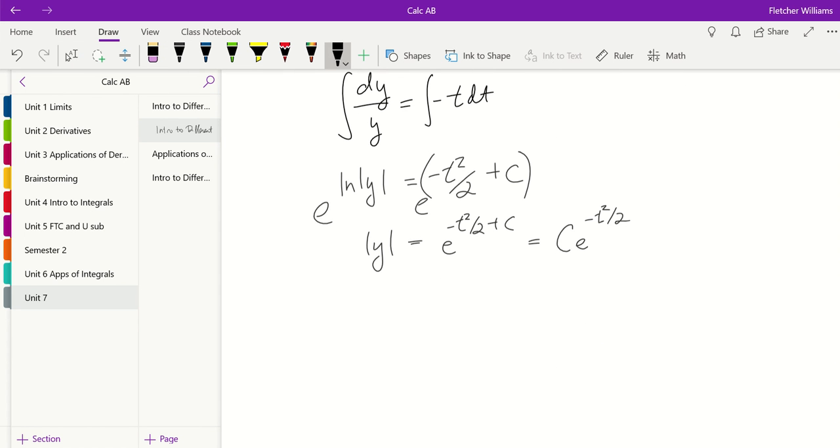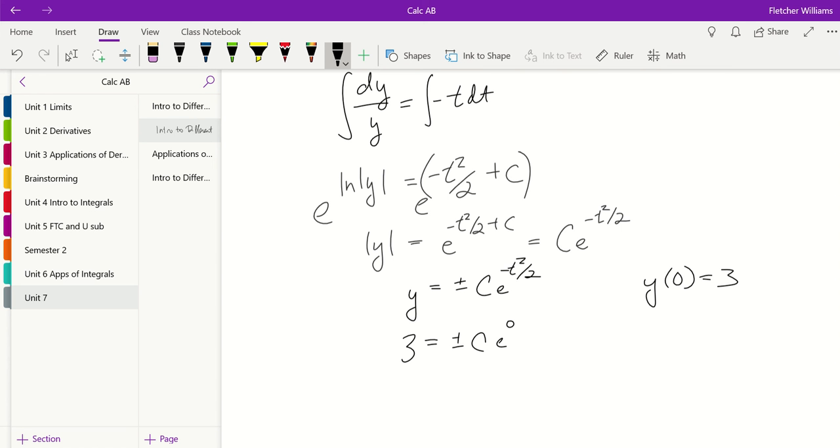So you're looking at something like that. And then when you try and solve it, you have that initial condition given above that y of 0 equals 3. So you plug in 0 for t and 3 for y. So 3 equals plus or minus c e to the 0.